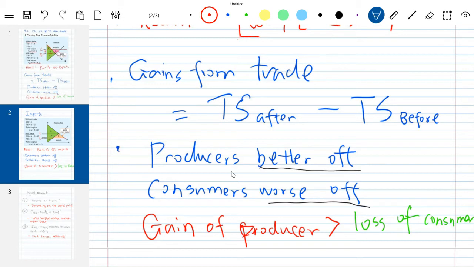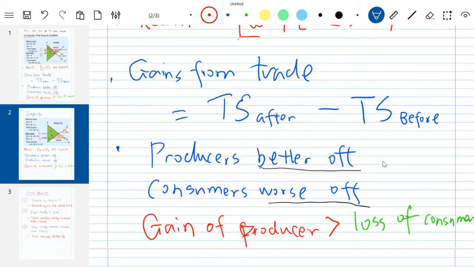In addition, as this country opens free trade, producers get better off because the price of goldfish increased, but consumers actually got worse off because they have to pay a higher price to purchase goldfish. Before, everybody paid $4, but as it opens free trade, consumers have to pay $6.